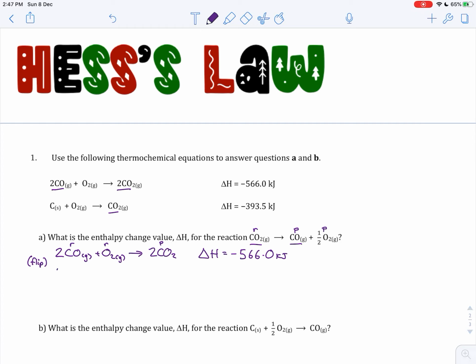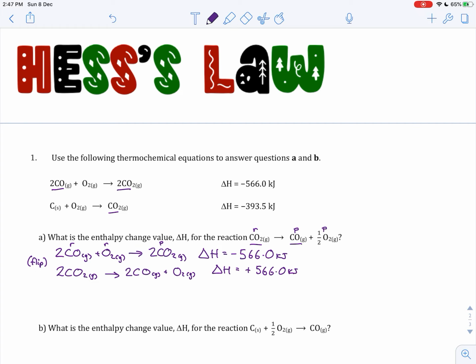When you flip your equation, write it backwards, your enthalpy will have to change the sign too. So we're going to write 2CO2, which is a gas, yields 2 carbon monoxide gas plus oxygen gas. And when you've done that, your delta H is now positive 566 kilojoules.